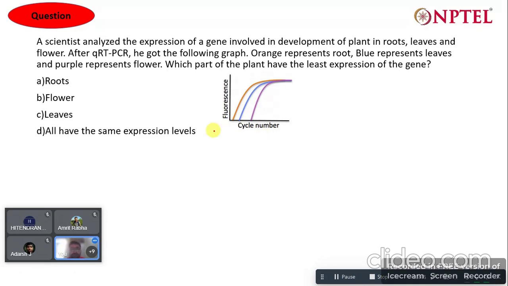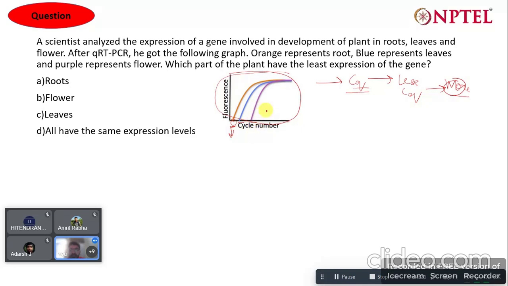So actually, in qPCR, this is the final graph that we get after amplification. It gives the values on the basis of a Cq. Less Cq means more amount of DNA or RNA present in that sample. In this graph, the curve that starts earlier has less Cq, followed by this and followed by this.